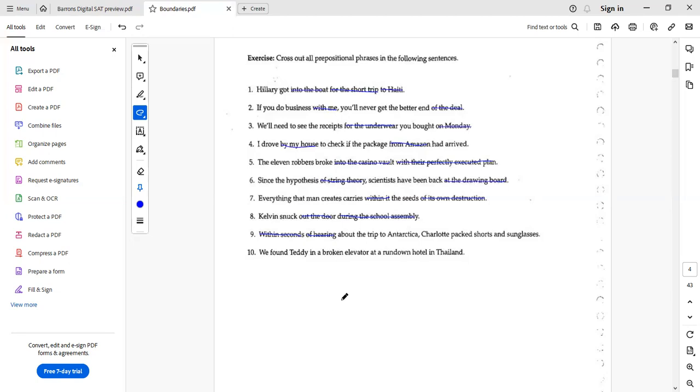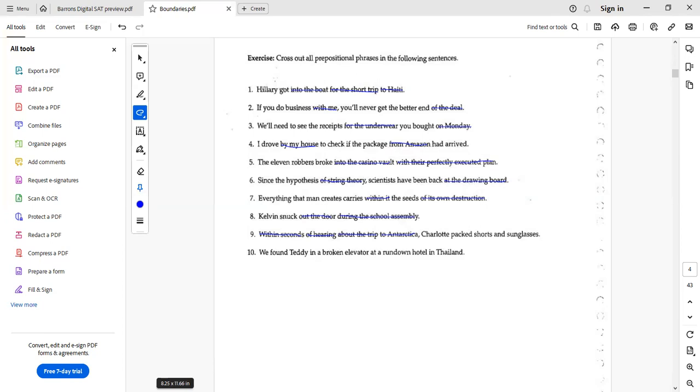To Antarctica. There is another one: about the trip. Yes. So we have four prepositional phrases that come at the beginning, and after them, a comma. Don't forget that. So: within seconds of hearing about the trip to Antarctica. Thank you.